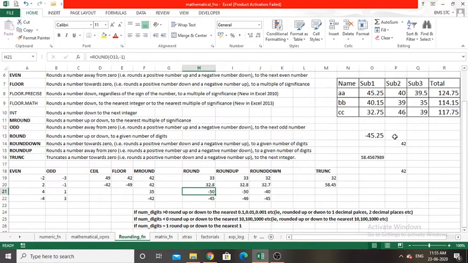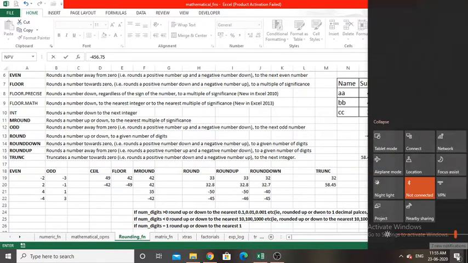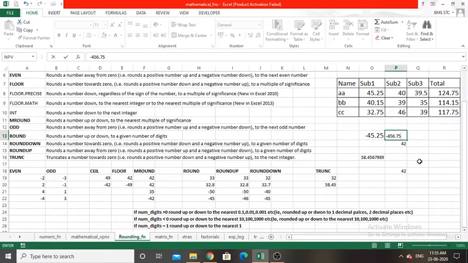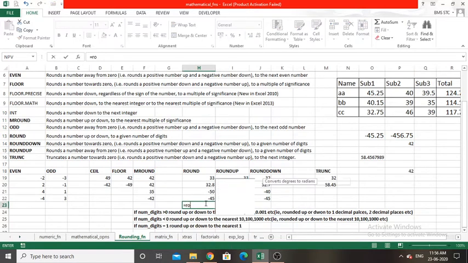Let's see with more examples. Minus 456.75. Sorry, just a minute. Consider this value. Okay, so here also I am performing a round function equals round of this value comma -1.